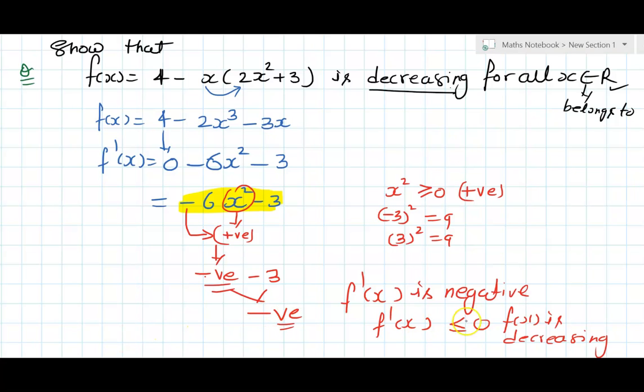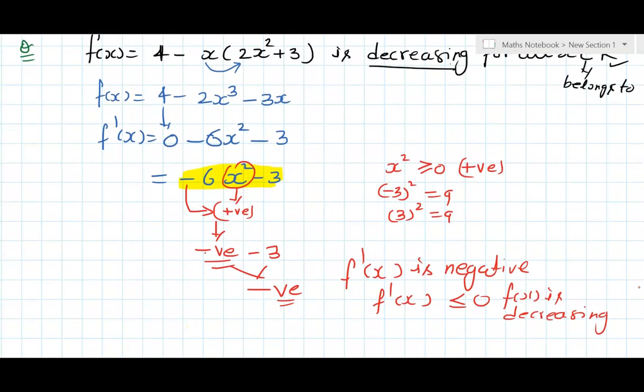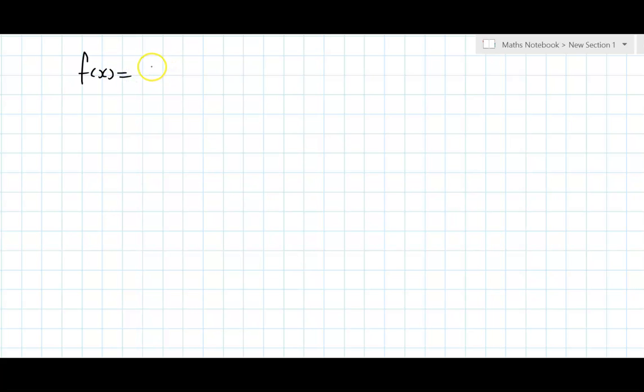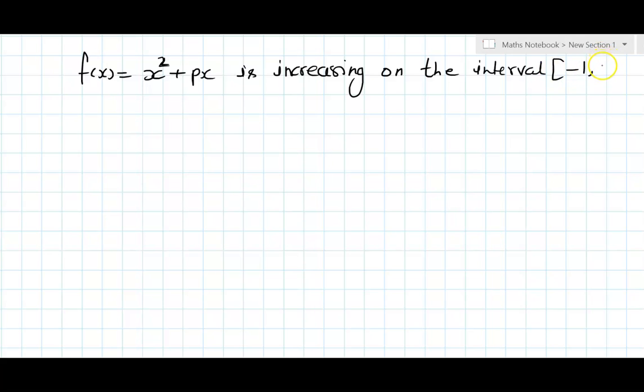Okay, next question now. Given that function f(x) = x squared plus px is increasing on the interval -1 to 1, find one possible value for p.